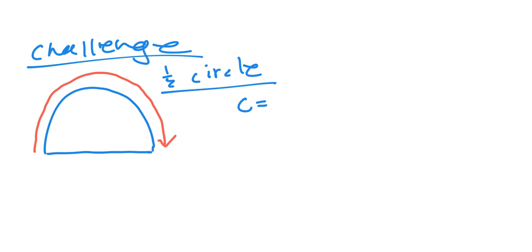So now, once you've unpaused, number 1, we're going to start with the circumference of the whole circle. So the circumference of the whole circle is 2 times 3.14 times r, right? Now, I'm going to give you the radius of this circle.